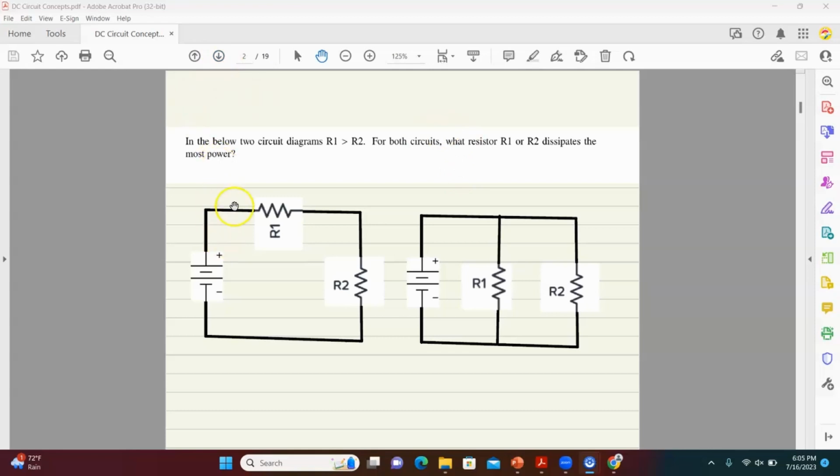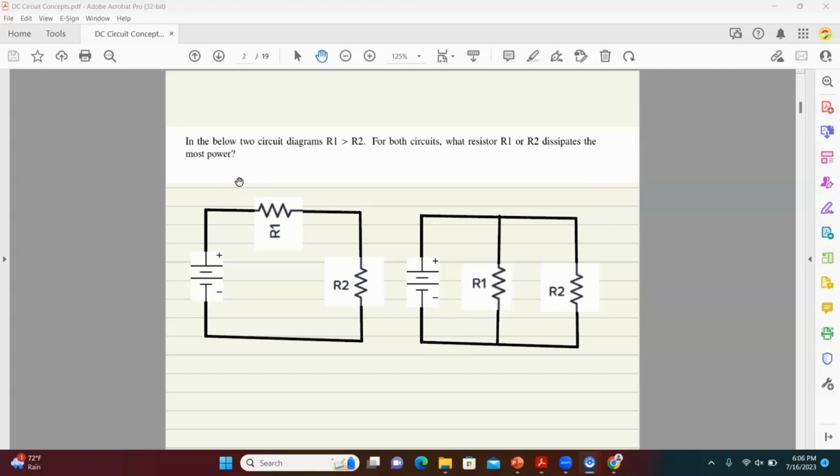If I were to open this circuit and current stops flowing, and these resistors were light bulbs, then the light would turn off and you'd be sitting in the dark. If this resistor was a dryer drying your clothing and I opened the circuit, the dryer would stop working. You'd have to walk around with wet clothes all day.